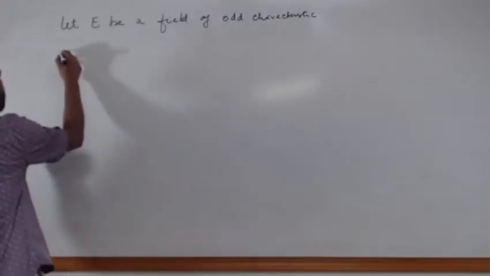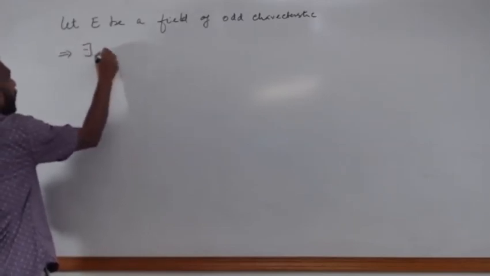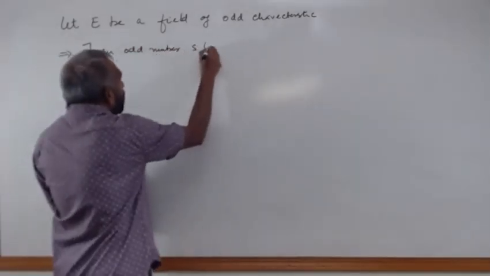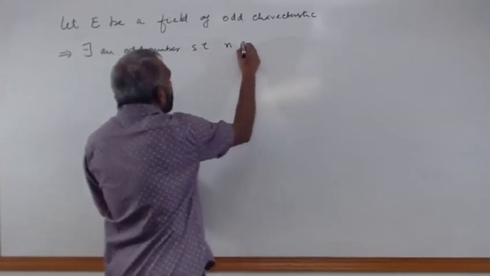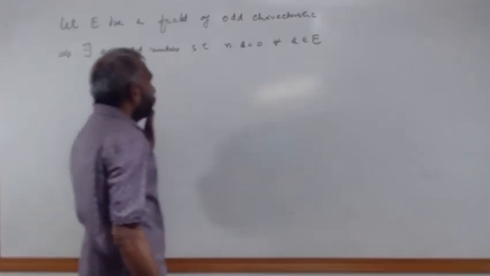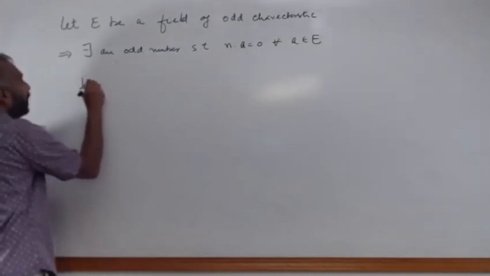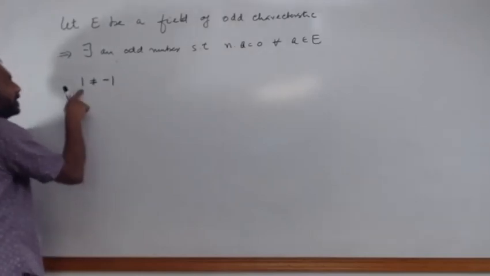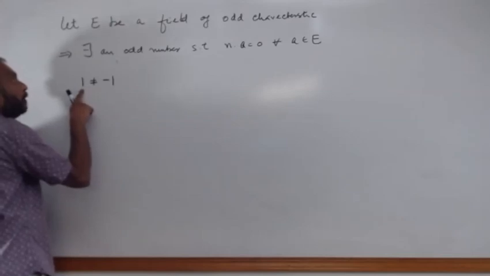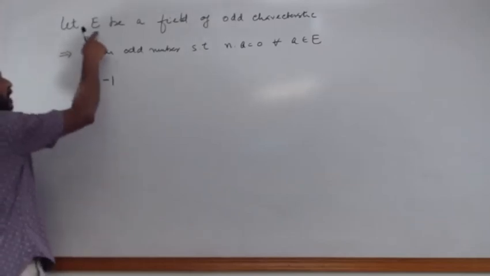Meaning, there exists an odd number n such that n times a is equal to 0 for all a in E. So that means 1 is different from minus 1. 1 is actually the multiplicative identity of E. It is not the real 1, because in general E can be anything.